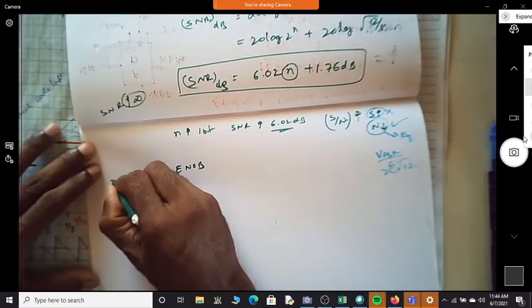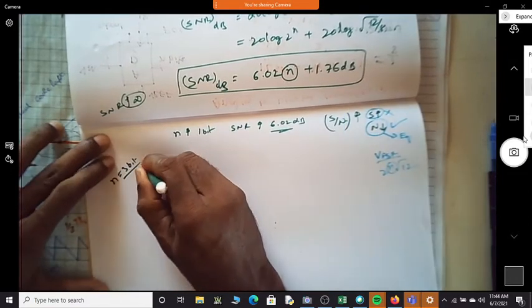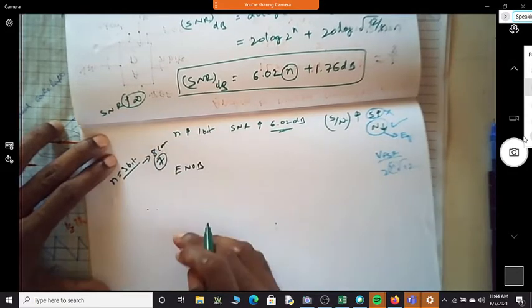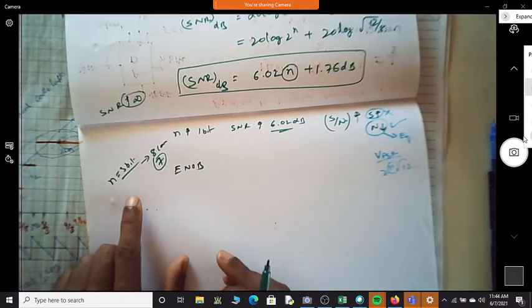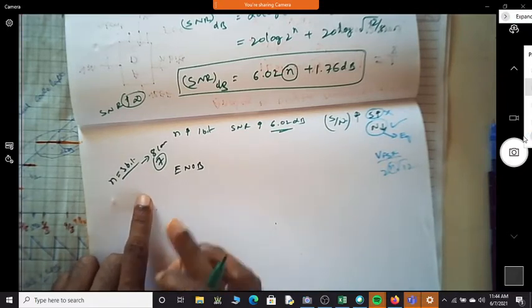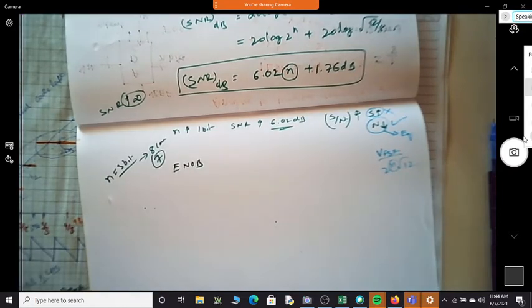You say that n is equal to 3 bits, which should give 8 combinations. When you're getting only 7 combinations, shall I say the number of bits is still 3? We cannot say. The number of bits is less than 3, even though it is not practically true, because you cannot have number of bits other than 2 or 3.